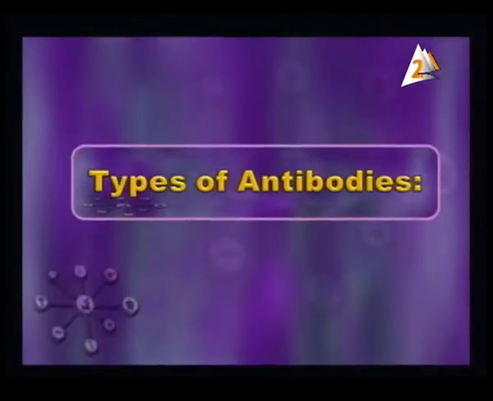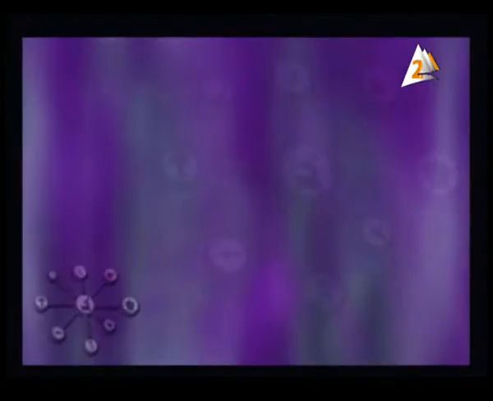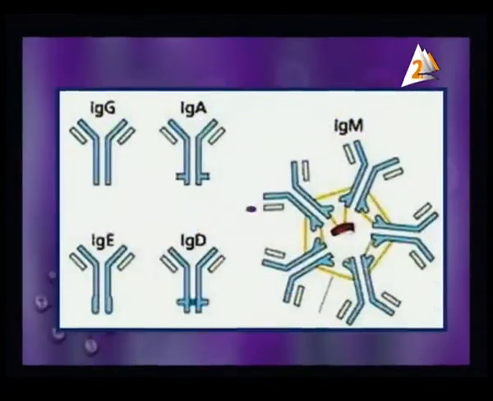How many types of antibodies do we have? We have 5 types. These types are IgA. Remember that the symbol Ig represents immunoglobulin, which represents the antibody.